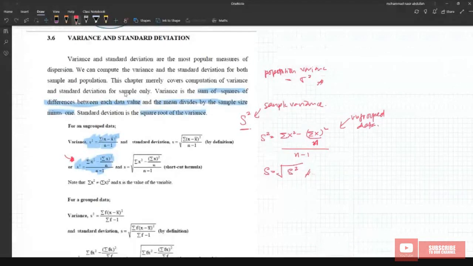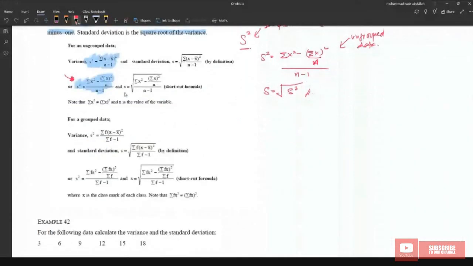For grouped data, they also have two formulas. This is formula number 1 and this is formula number 2, right? We will focus on formula number 2 because it's easy to calculate summation of fx squared and summation of fx, all squared. The first formula is complicated, so we will abandon it.